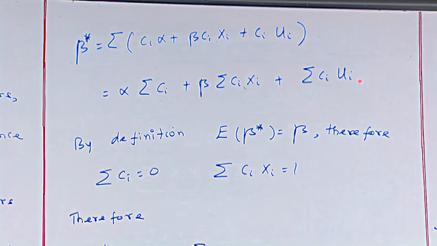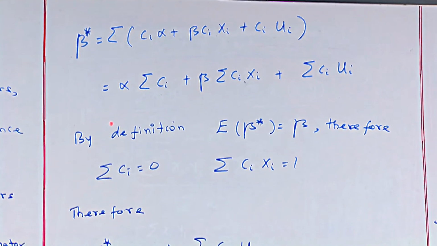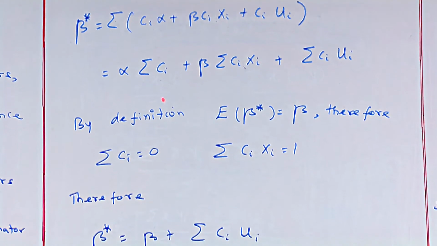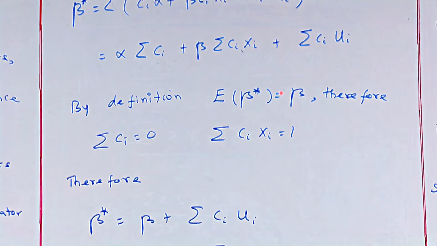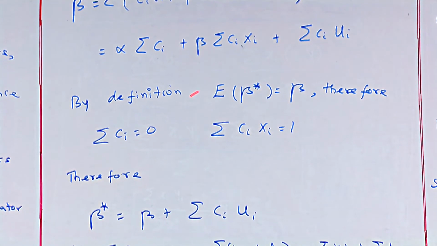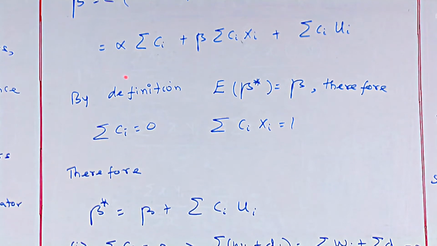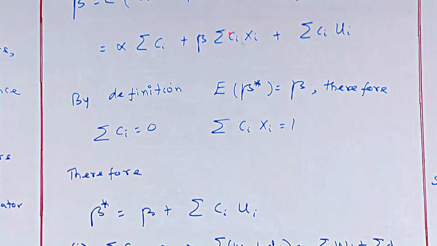We already know that beta star is an arbitrary unbiased estimator. So naturally expectation of beta star is equal to beta. To get this in the previous identity, this sigma ci must be 0 and this sigma ci xi must be equal to 1.